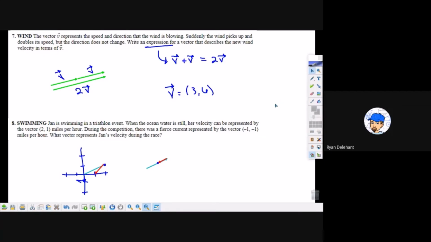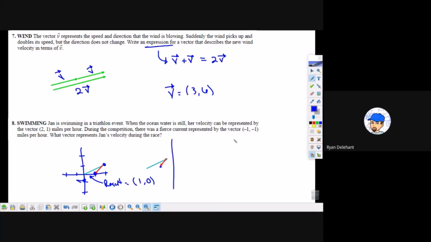I apologize. Because it's pushing her like this, it goes down one and over one. It's kind of like the vector voyage thing. She's trying to get to right here, but the ocean current pushes her back, and she actually only gets to right here. So her real vector is the addition of these two things, which is just 1, 0. Her resulting vector is really just 1, 0.